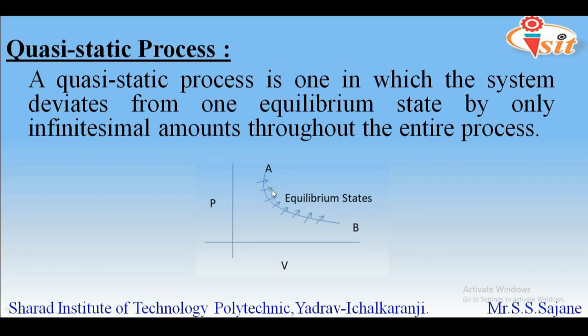These arrows indicate the different states through which the process is changing. So if we consider any two arrows from this process, then the difference between these two points of states will be very small. Such a process is called a quasi-static process. We can further understand this concept by taking some examples in further slides.